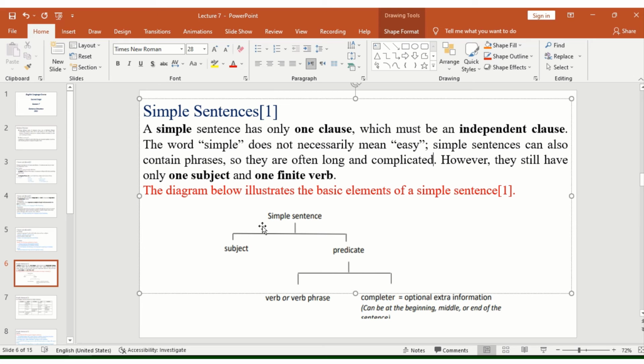Simple sentences include subject, predicate, verb or verb phrase, completer, optional, etc. information can be at the beginning, middle, or end of the sentence.